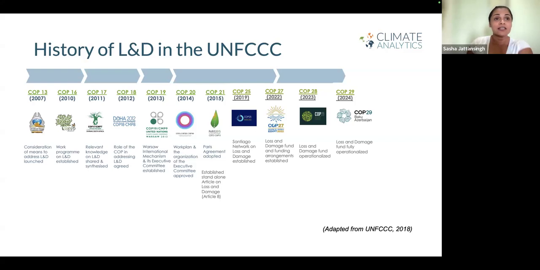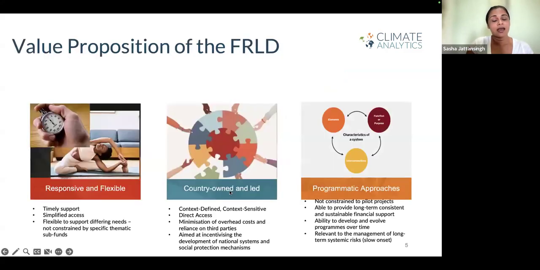The official name of the fund is the Fund for Responding to Loss and Damage. And this is, I would say, a big win for small island states like the Caribbean, because we have a fund that is supposed to support how we recover and rebuild, and also how we minimize loss and damage affecting us due to climate change.